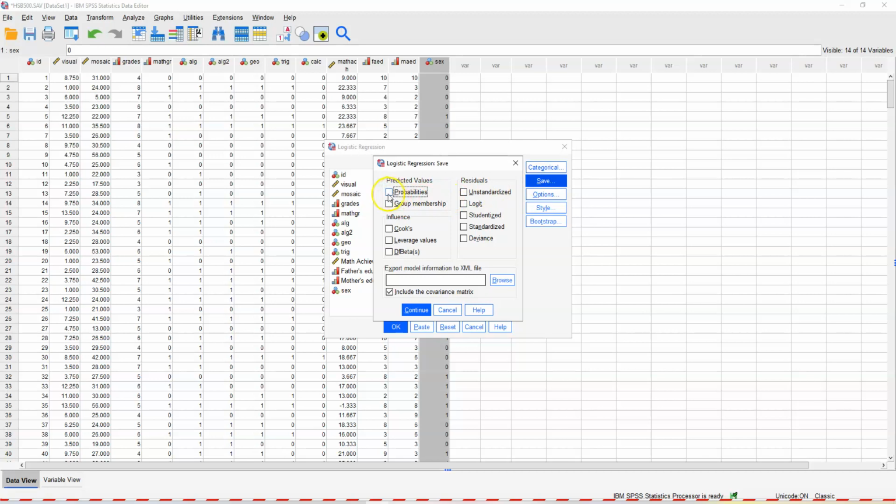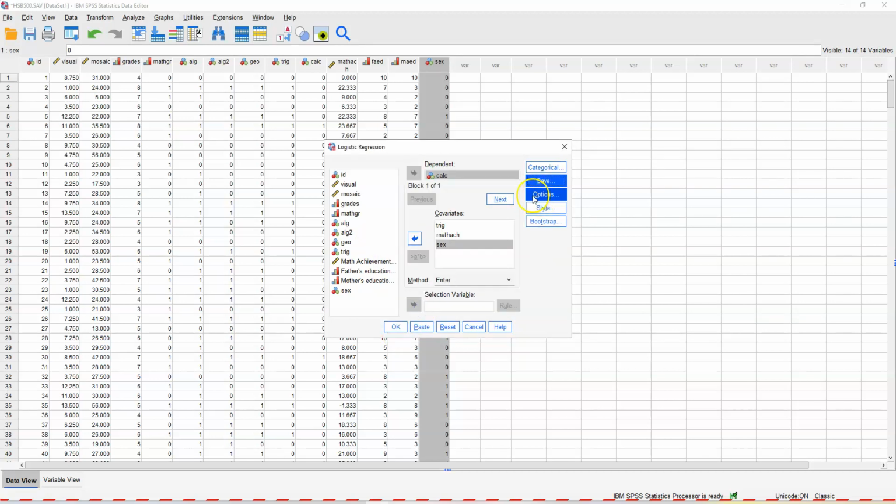We'd love to save the probabilities and the group memberships. And this is one that we probably need to take just a quick look at. We probably won't look at it, but this is Cook's distance, and that would be for outliers. And right here, if this is above 1, then you need to look at that case.